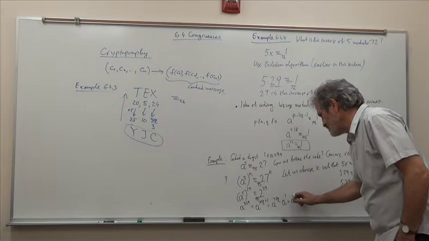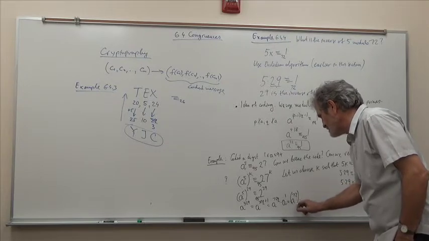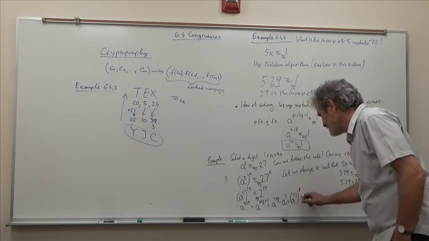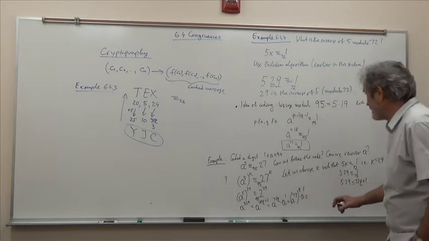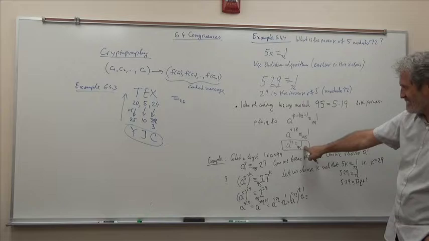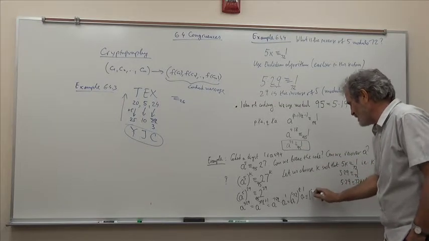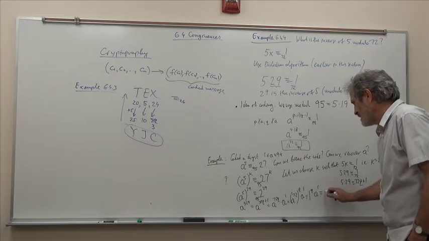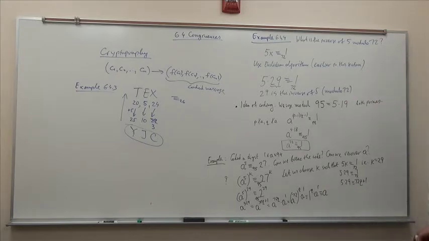A to the 72q is A to the 72 to the q times A to the 1. But A to the 72 is 1, that's why I wanted multiples of 72. So this is just 1 to the q times A to the 1, which is congruent with A.